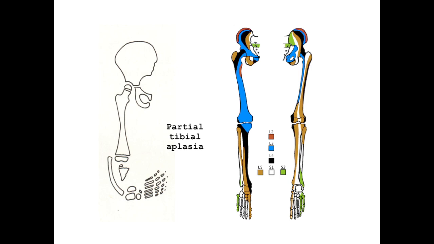Now, the sclerotome maps show that this triangle is the distal end of the third lumbar sclerotome, coloured blue. It lies beside the vulnerable fourth lumbar sclerotome, coloured black, the most commonly deleted sclerotome from the leg in thalidomide cases.